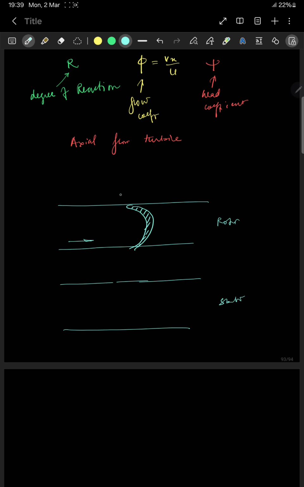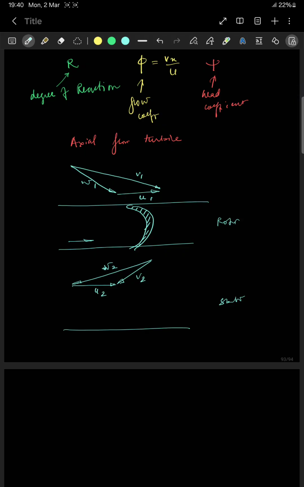So this is u, this is u, this is v1, this is w1, this is u, this is v2, sorry, then this and this is w2, u2, v2. u1 and u2 are same, which is equal to u.